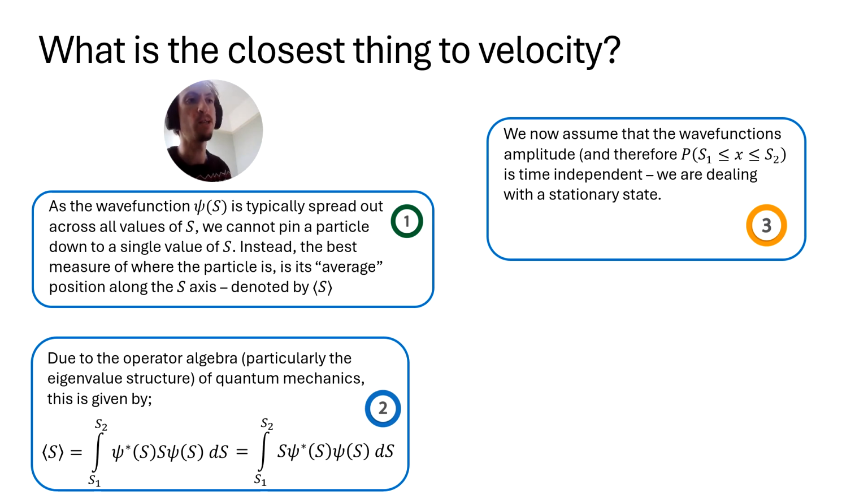For particles in a stationary state, the position-based wave function, so psi of S, is a real function and is independent of time, so can be written without involving the parameter of time.